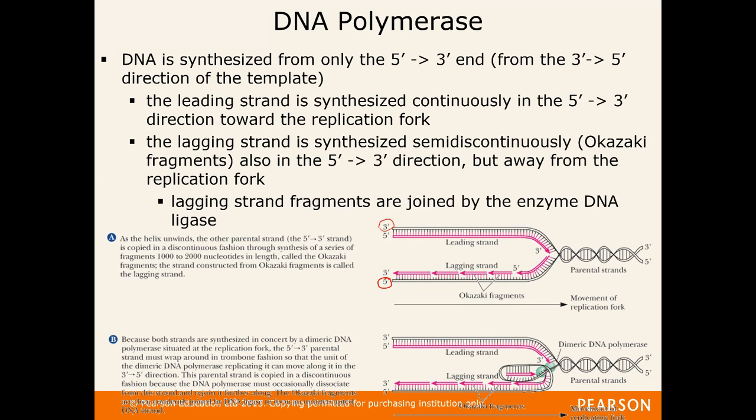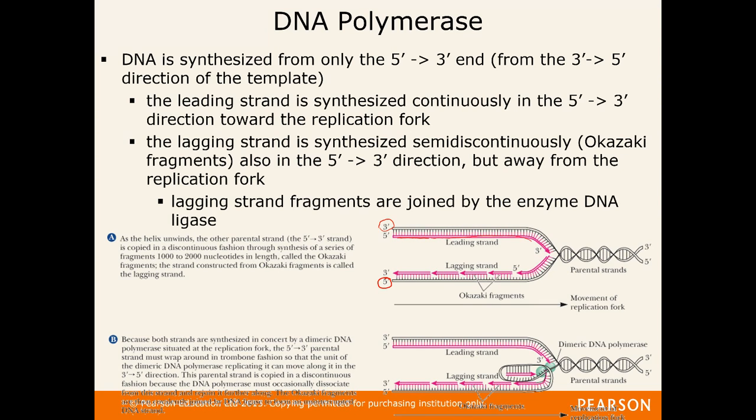So with this in mind, what will happen is that when the 3' to 5' strand is our template, it's easy for the polymerase to go ahead and make a copy because the polymerase naturally wants to go in a 5' to 3' direction. Where it's unwound here, this is called the replication fork.